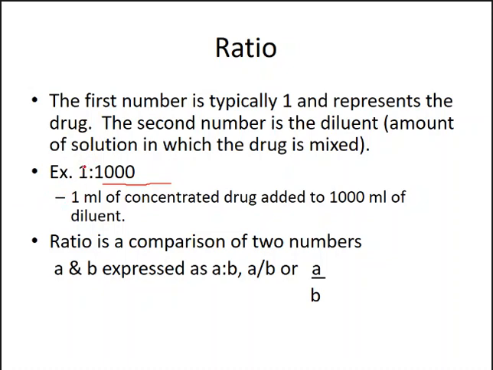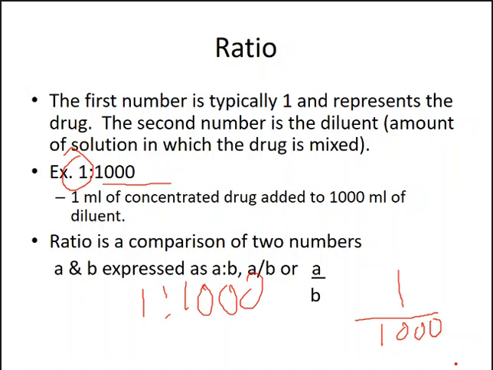So our 1 is going to stay the same, but then we're going to increase this second number, making it less concentrated. Now, for these, it's important that we remember too that 1 to 1,000 can also be written as 1 over 1,000.